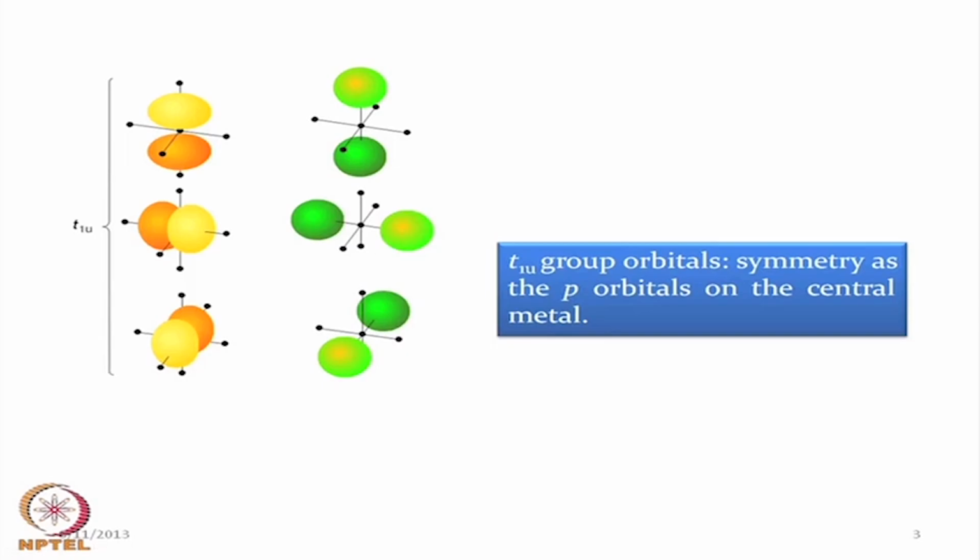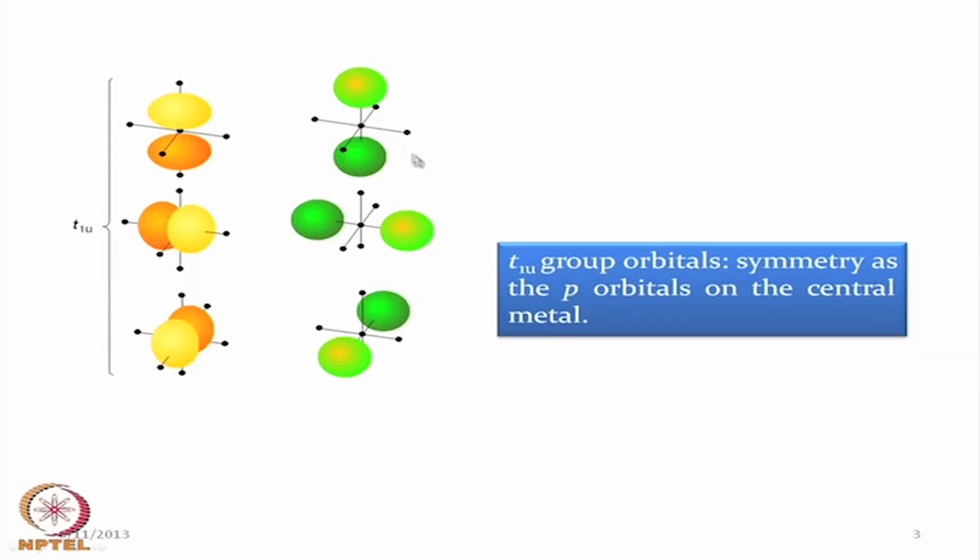So, apart from these d orbitals and the s orbital, we have these p orbitals also engaged in sigma bonding. So, we have one s orbital of A1g symmetry, then two d orbitals of Eg symmetry and 3 p orbitals of T1u symmetry. Therefore, altogether 1 plus 2 plus 3, that means 6 orbitals are available from the metal side for interaction.